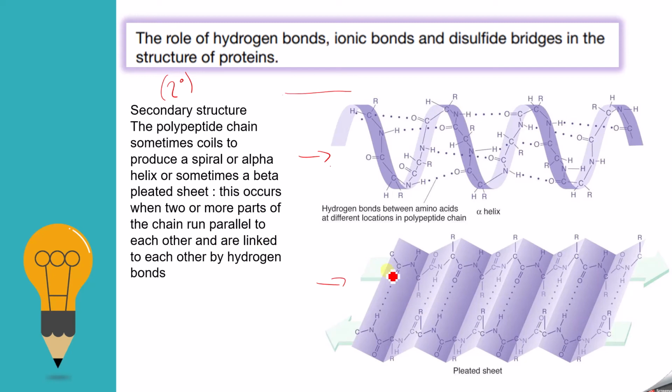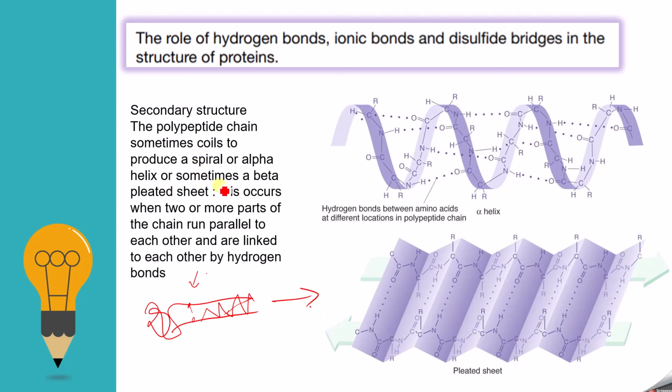So in a beta pleated sheet, you've got two parts of an amino acid chain. Let me try and draw this out. You've got your polypeptide here. I know, very good drawing. What's happening here is they're running parallel to each other, and suddenly they're going to form hydrogen bonds, and that's going to create this beta pleated sheet right here.